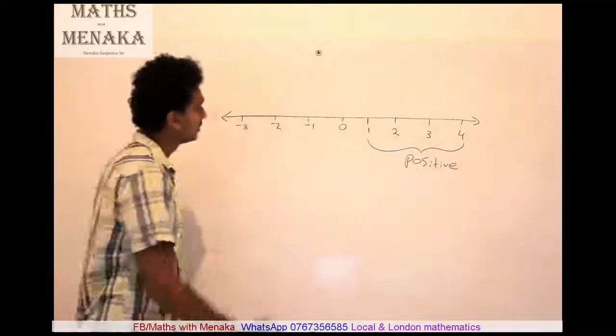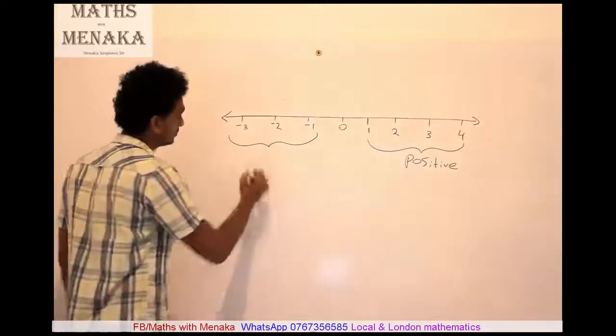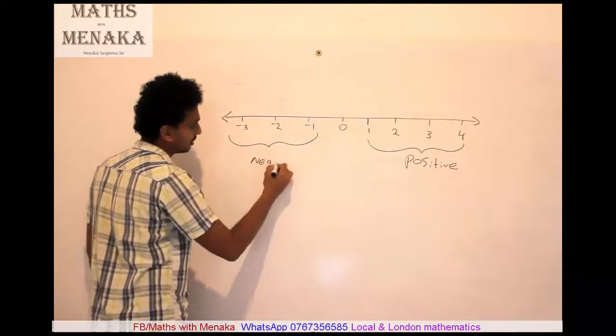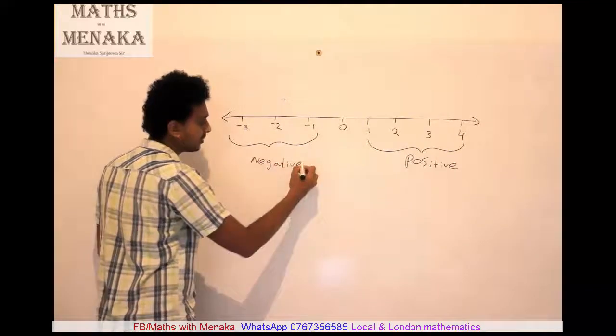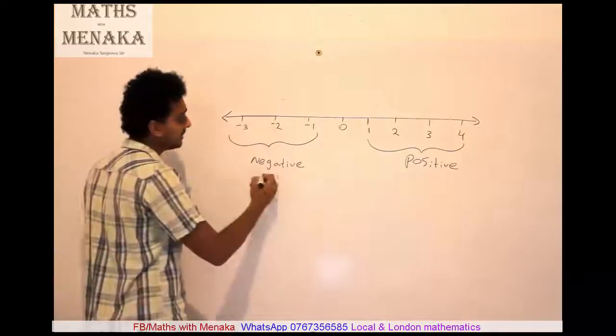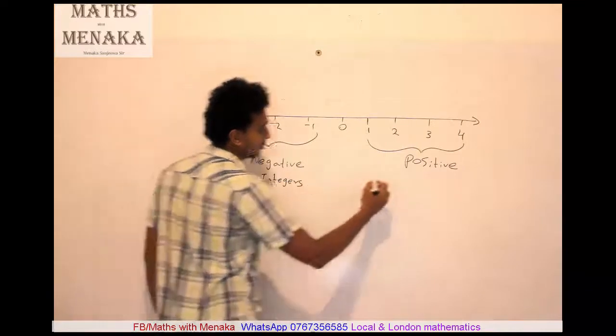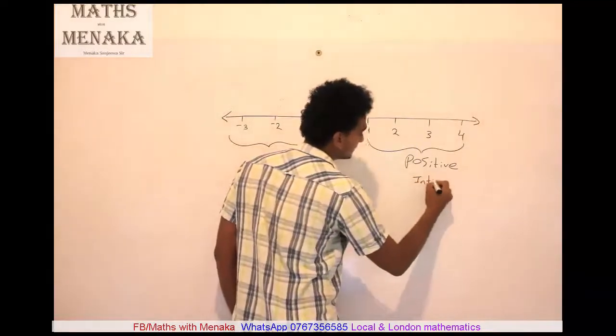The numbers on the left hand side are called negative numbers. For these numbers we use a special word, integers. These are called positive integers.